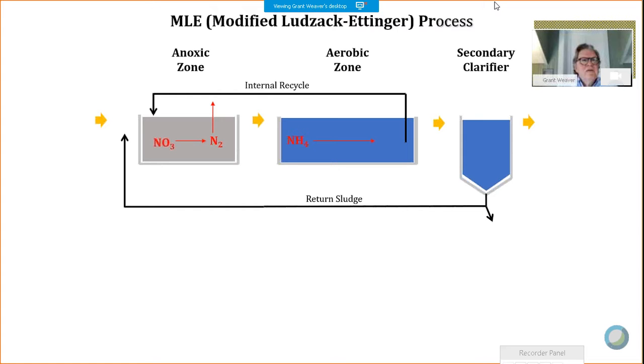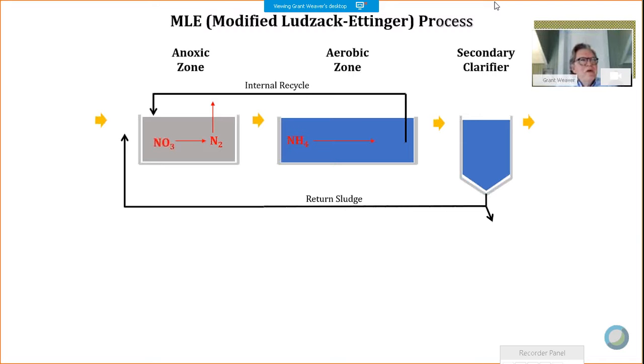Too much of an internal recycle rate and the conditions in the anoxic tank will become too aerobic, and that will reduce its ability to remove nitrates. So you'll be putting a lot of nitrates in there, but there'll be too much free oxygen for bacteria to breathe.